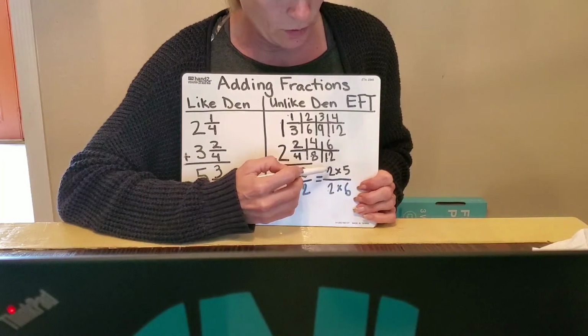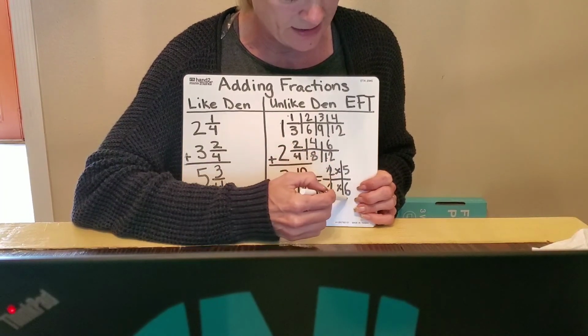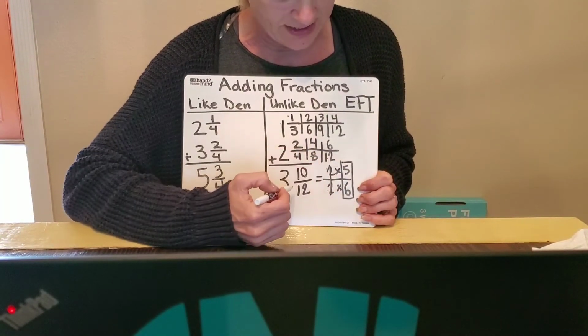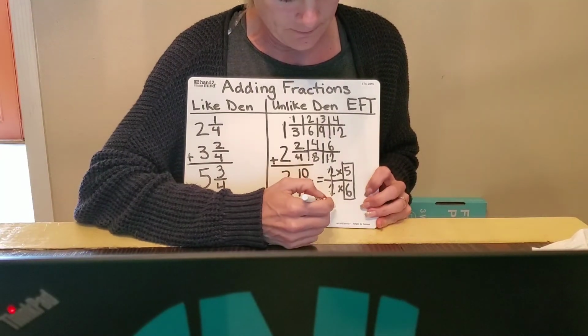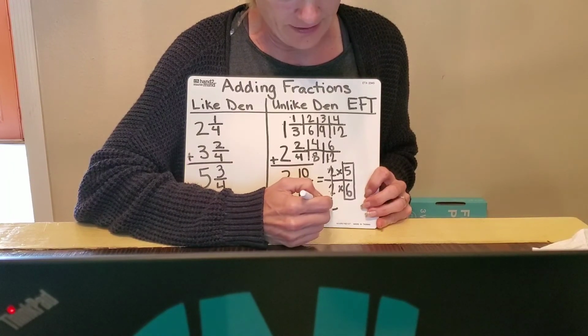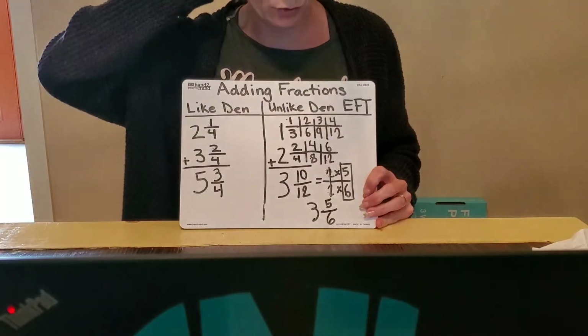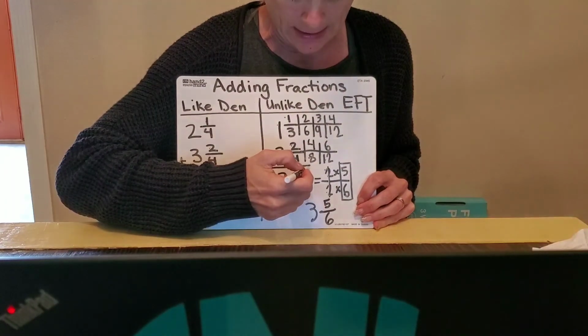Notice that the 2 on the top and the bottom are the same, so you can cross that out, which leaves us with the fraction 5/6. So our actual answer becomes 3 and 5/6.